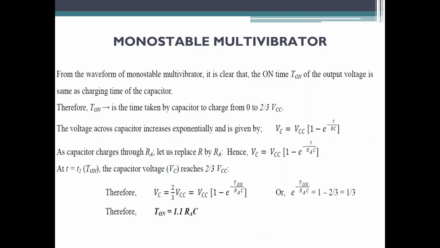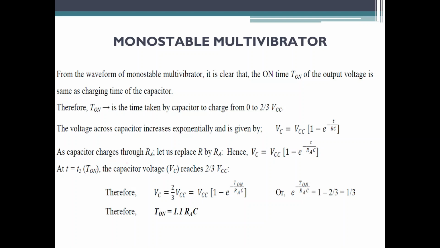The voltage across the capacitor, which is a readily available formula, is given by Vc is equal to the supply voltage into 1 minus e to the power minus t by RC, where the resistance here is Ra. So let us replace: Vc is equal to VCC into 1 minus e to the power minus t divided by Ra into C. At t is equal to T on, the capacitor voltage reaches 2 by 3 VCC.